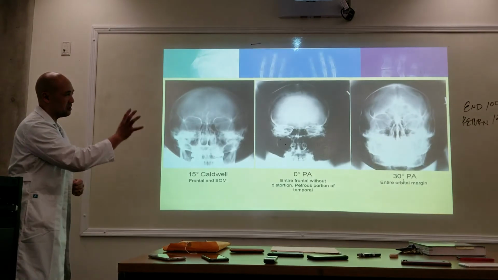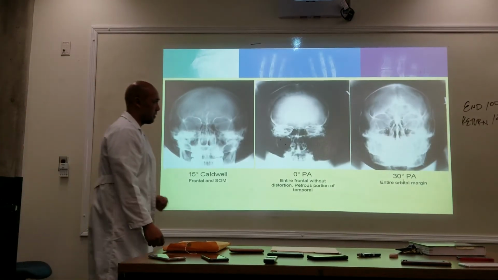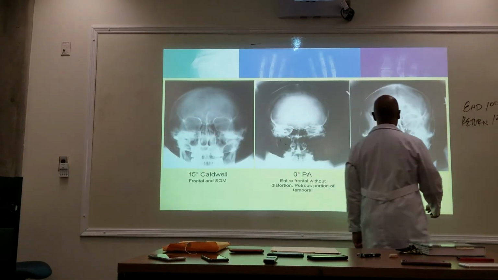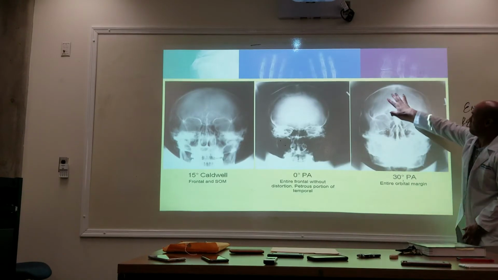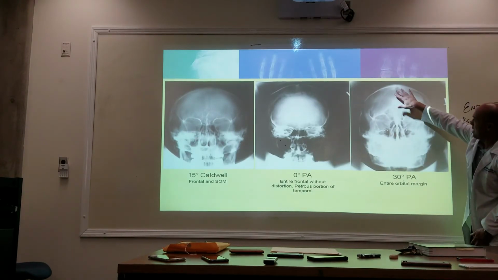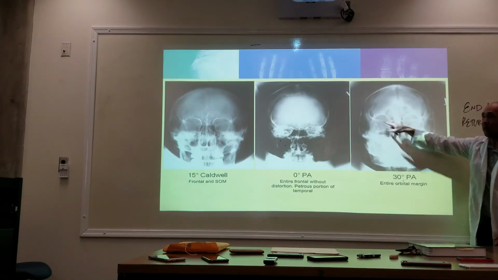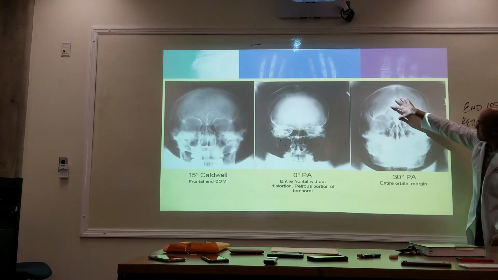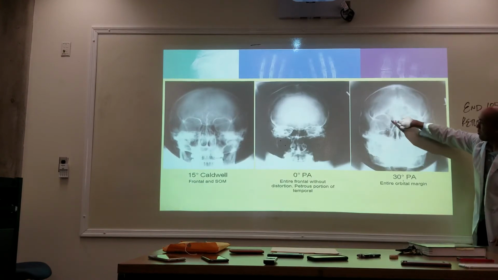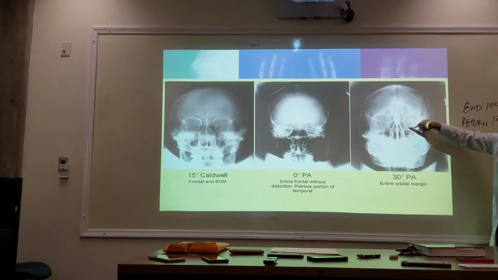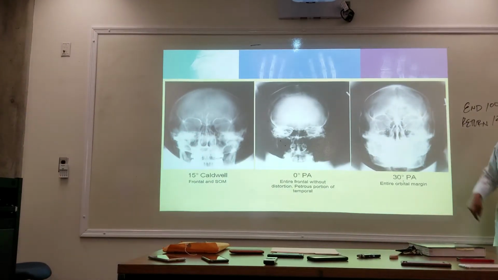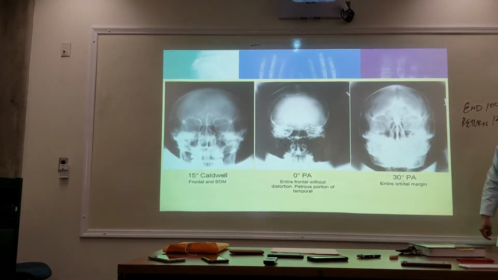You can see there's a slight distortion to the skull. So this is no longer good for the frontal bone because it becomes very elongated, but it does open up the orbits very well. So we get a better evaluation of the orbits in this particular angulation.